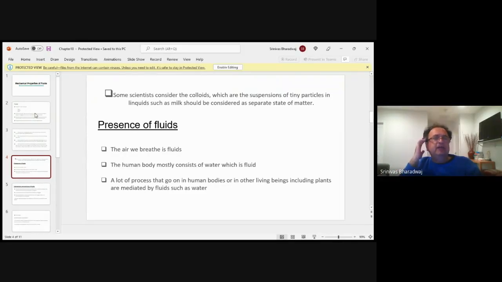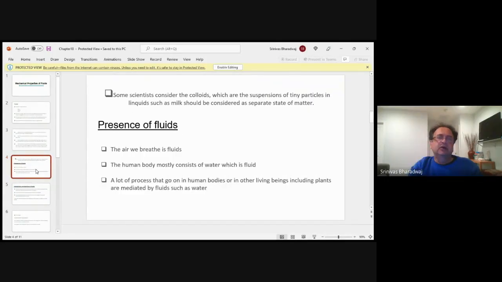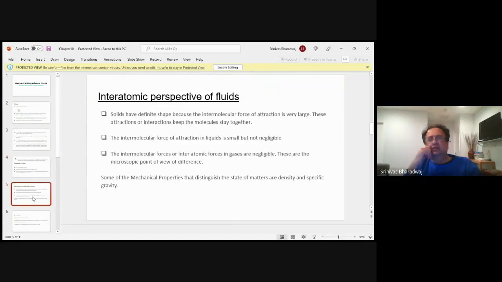Now, the air we breathe is a fluid, right? The human body mostly consists of water, which is a fluid. A lot of processes in the human body are mediated by fluids such as water. Solids have a definite shape because the intermolecular force of attraction is very large.